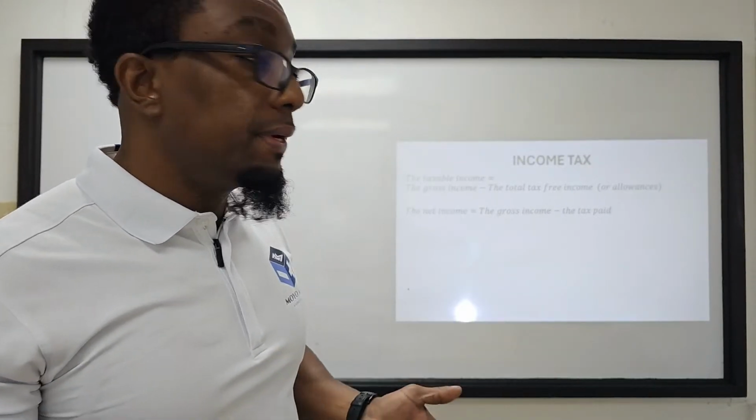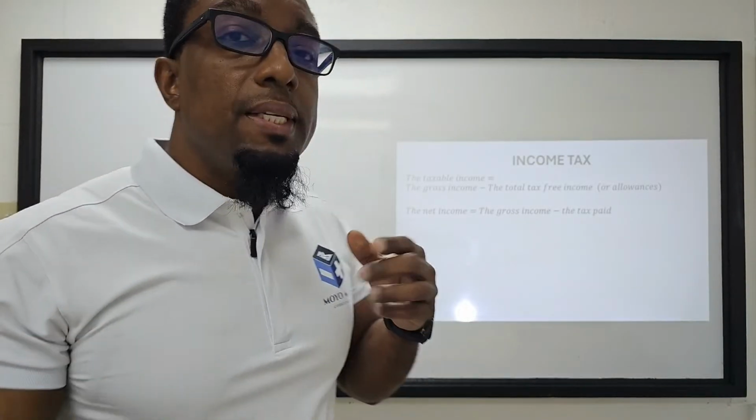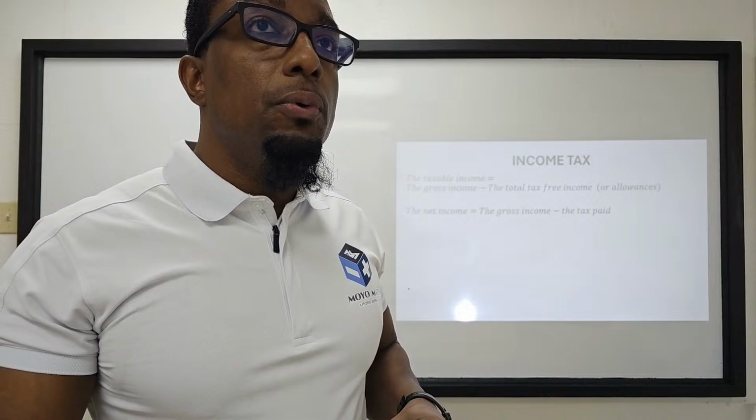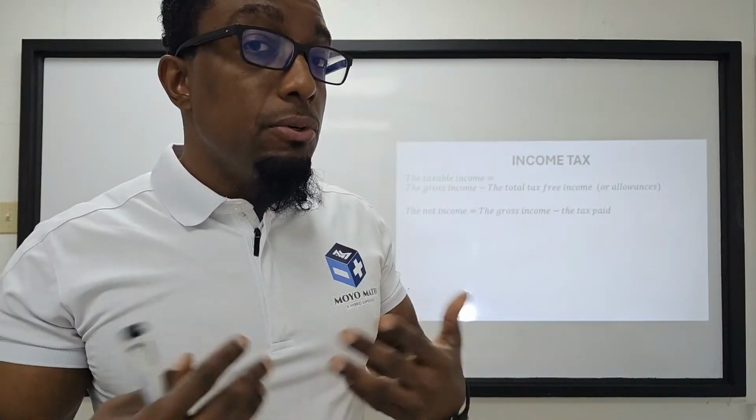Right? So this is how much you need for the year. And note, you are taxed based on your salary cap, or based on how much you earn annually. So if you earn above the minimum, then you're going to be taxed. If you earn less than or equal to the minimum, then you're not taxed.